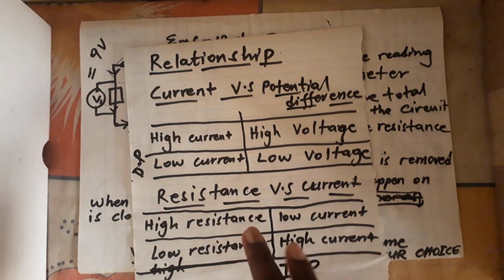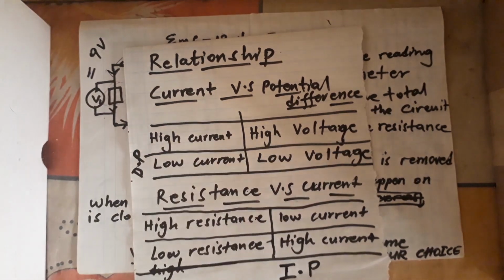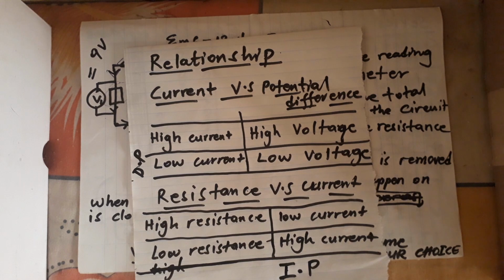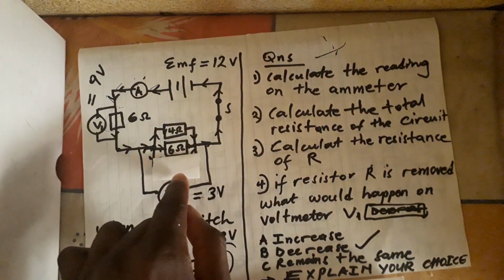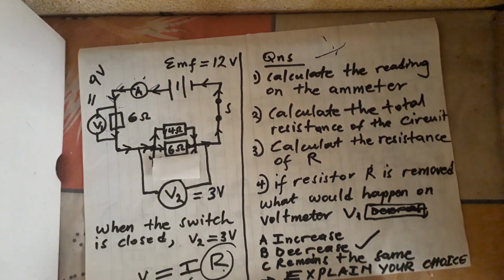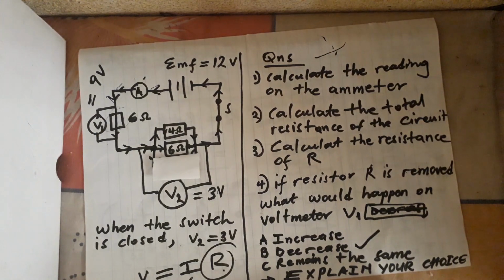So these oppose each other. These are directly proportional, meaning that when you increase one factor, the other factor increases as well. To answer this question, if we remove this resistor, what is going to happen? Like I said at the beginning, when you remove a resistor in a parallel connection, you are actually increasing the total resistance of the circuit.